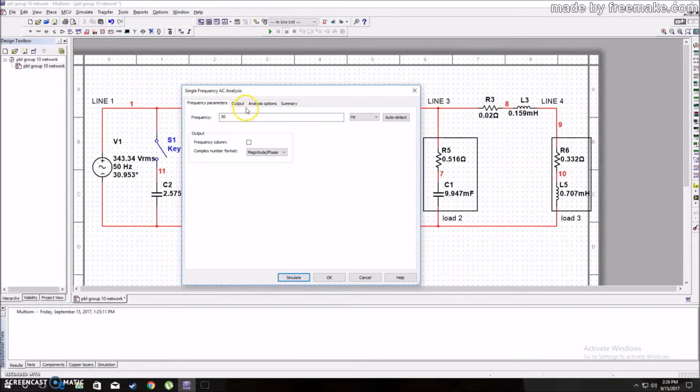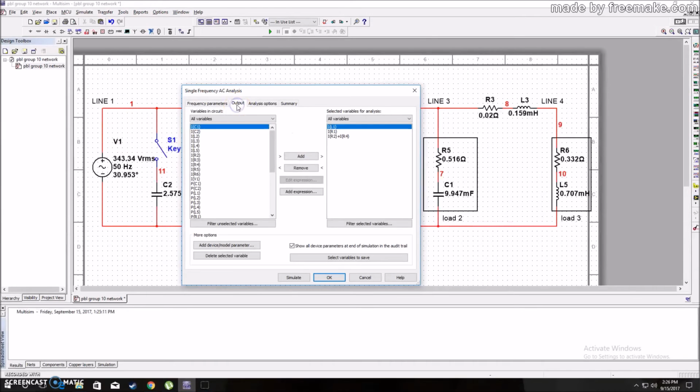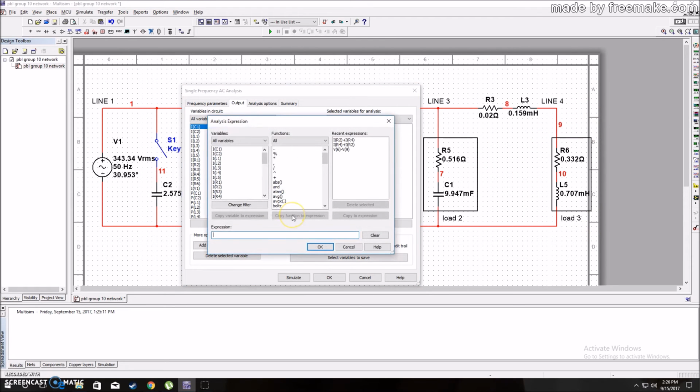So we're going to set the complex number format to real and imaginary value, so that we can obtain both true power and reactive power values. So at load 3, we're going to use the formula S is equal to V times the conjugate of I.